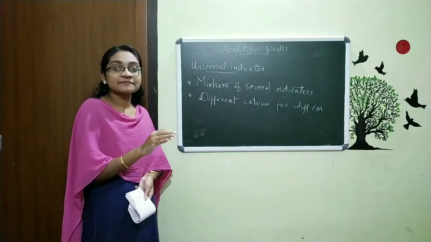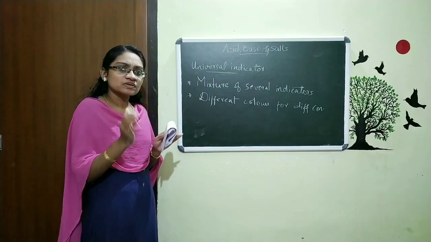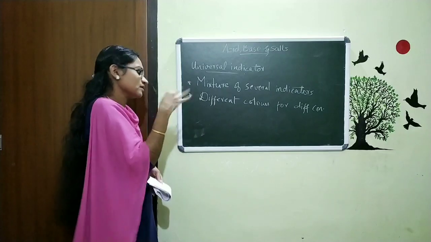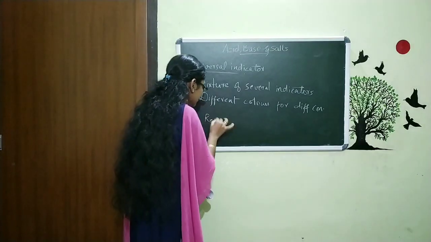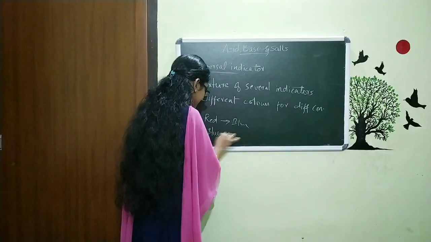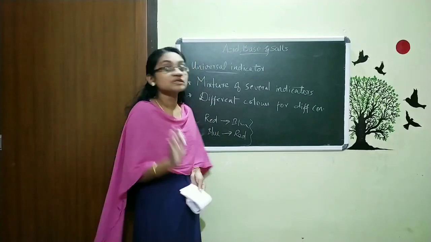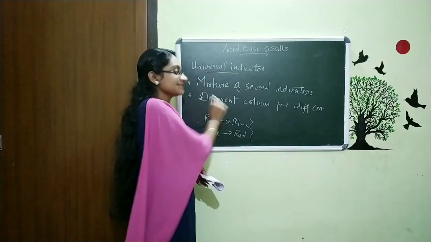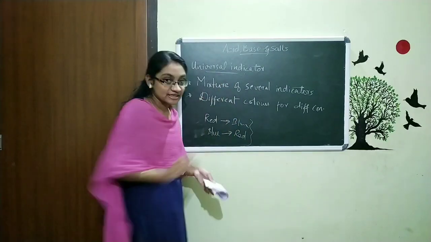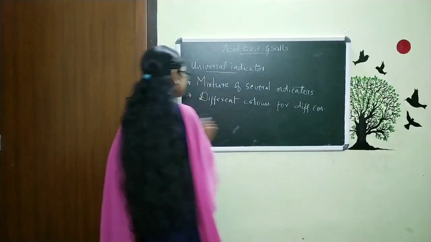For the litmus paper, its color is red, and when it turns, it is blue, with no shade variations. The red converts to blue, or the blue converts to red, but using litmus it is unable to identify the concentration. Here, different concentrations give different colors, and that's how we identify the concentration of acid and base.